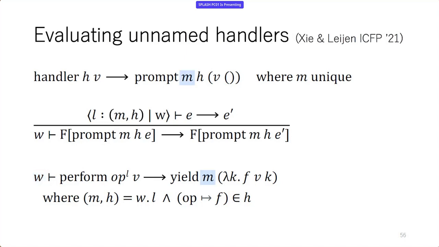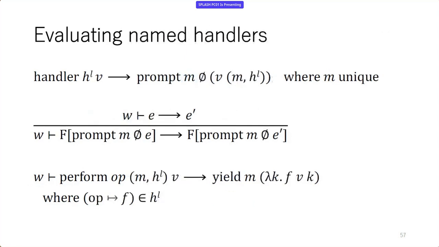Observe that the semantics turns an operation performing into a yield operator, which directly yields to a prompt that is tagged by a specific marker instead of the innermost control prompt. And this means Koka treats unnamed handlers already like named handlers. For this reason, it was very straightforward to support named handlers in Koka.